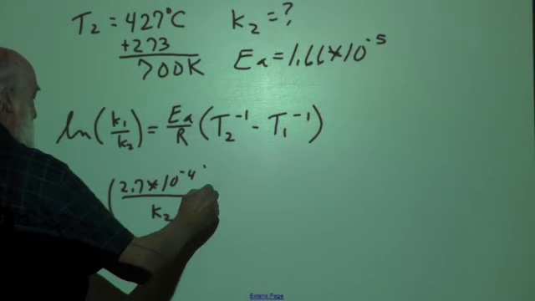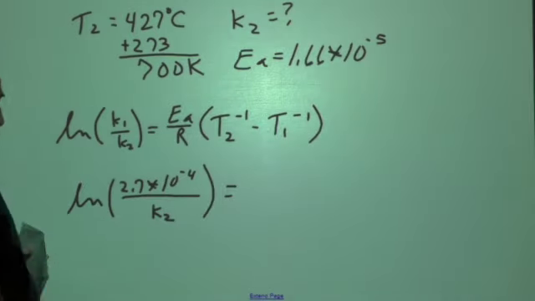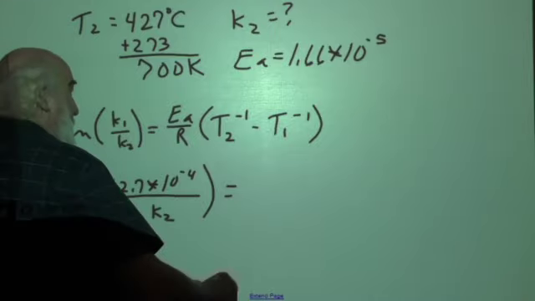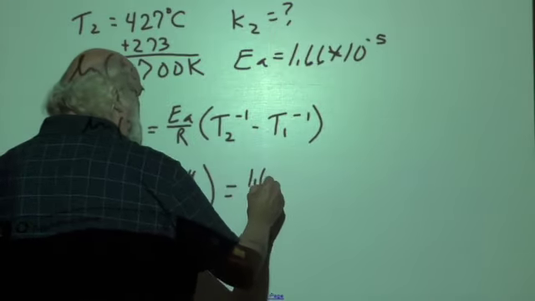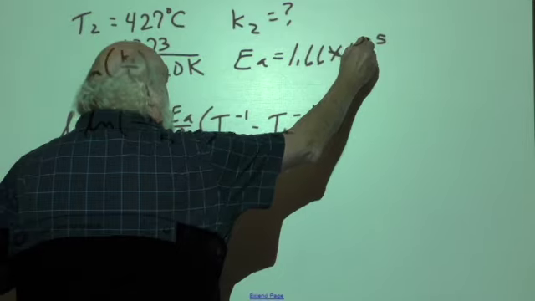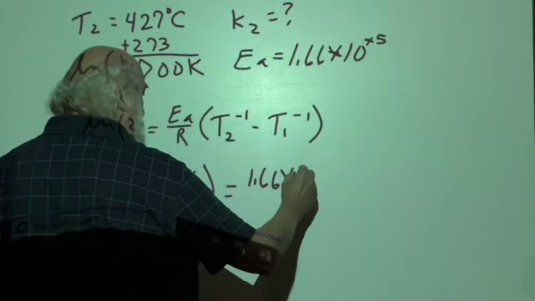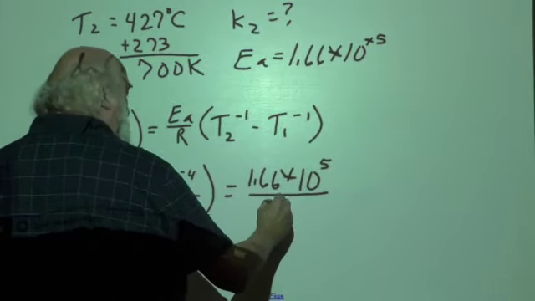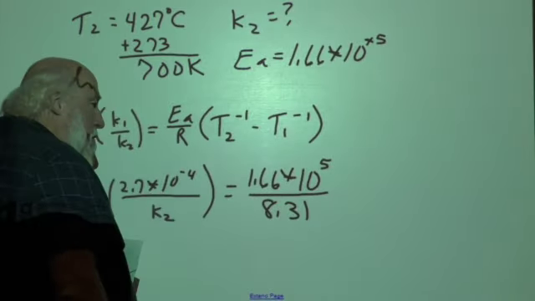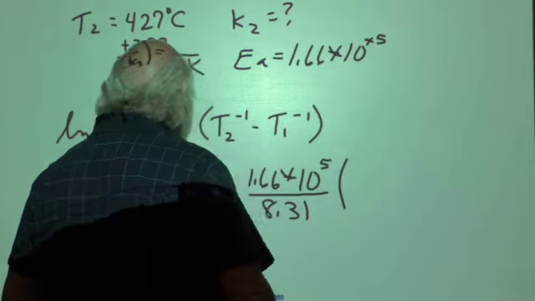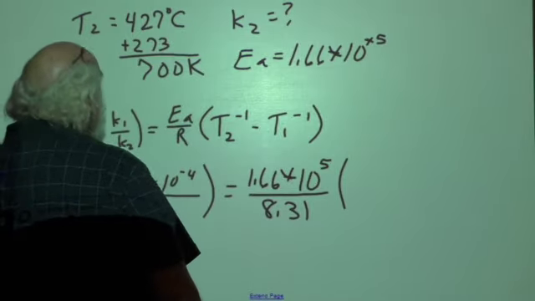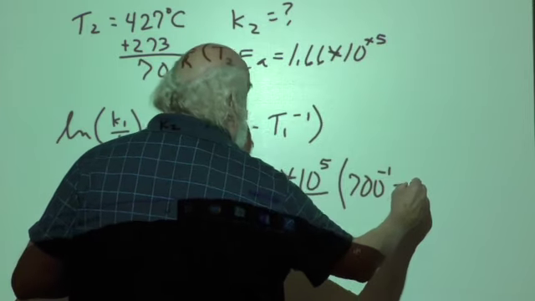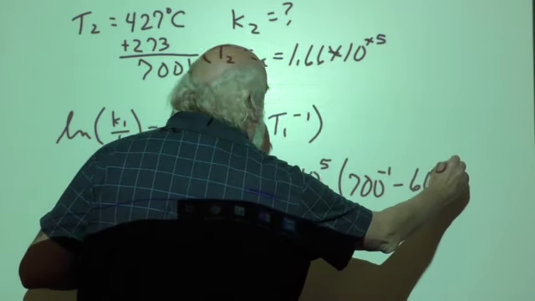We don't know what that is. That's what we're going to solve for. So we've got all kinds of manipulations with this Ln, as you see. The activation energy we calculated to be 1.66 times 10, not negative 5, that's positive 5. It's a really big number, not a really small number. Divided by 8.31 joules per mole Kelvin times the second temperature, 700, negative 1, minus the first temperature, 600, negative 1.